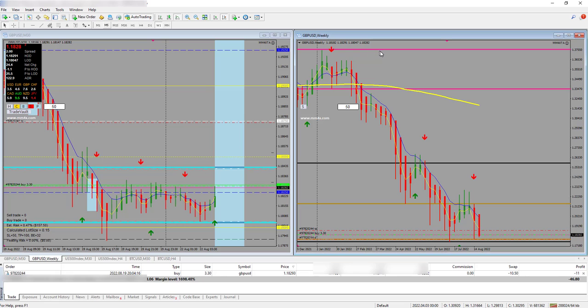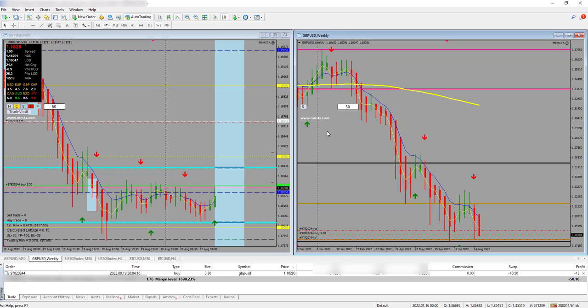Up here we have the annual high and the annual low. I'm looking at these two solid pink horizontal lines. So there's the high of the year, here's the low of the year, and we have price close below it, which brings it right under this 200 moving average.